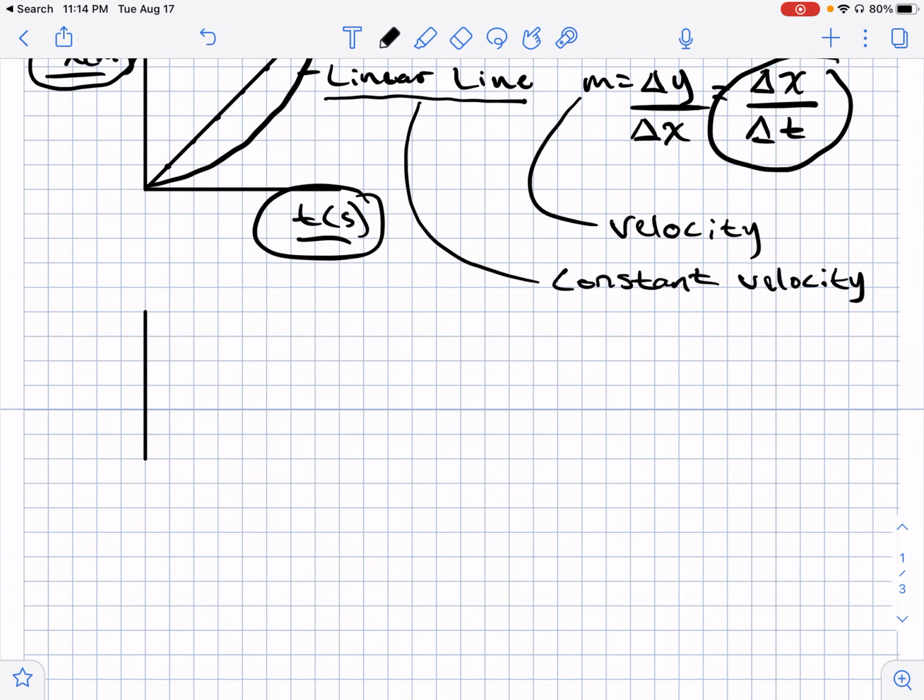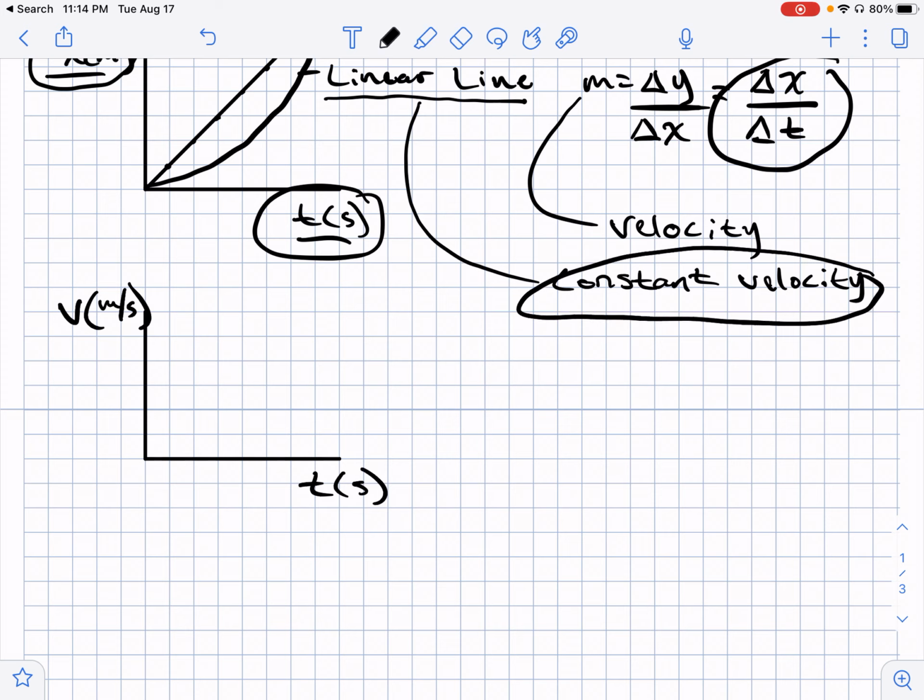Now we also could draw a line here, a velocity time graph. So we can have a position time graph and we can have a velocity time graph. So if we're talking about constant velocity, right, this is what we're kind of worried about right now. A constant velocity on a velocity time graph, it's not going to be a linear line. Okay, rather, it's going to be just a horizontal line.